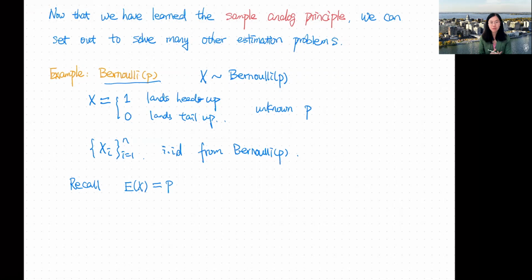So the expected value of X equals p, and p is the parameter you want to estimate. Now by the sample analog principle, we can estimate the population expectation using the sample average. So a sample analog principle motivated estimator for p will be the sample average of X from your IID sample.